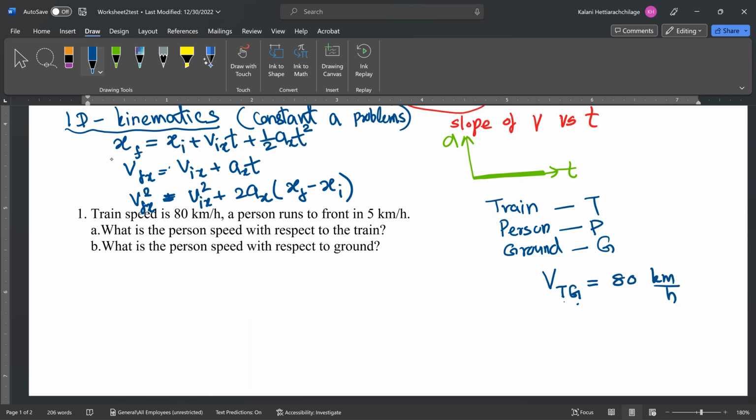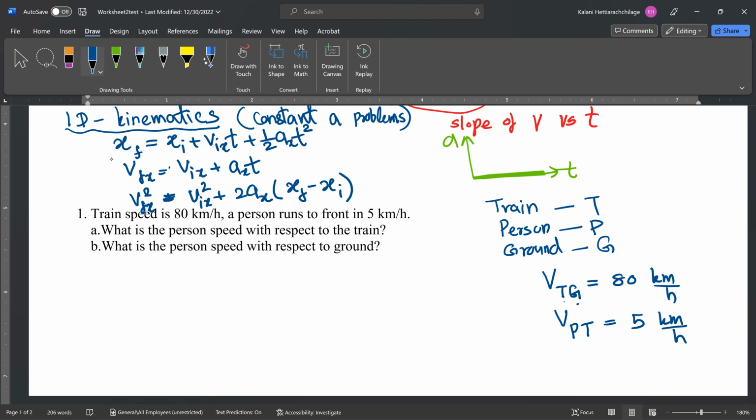Next, a person runs to the front at 5 kilometers per hour. Now it's saying the velocity of the person running inside the train is 5 kilometers per hour. You need to understand this is actually with respect to the train, right?